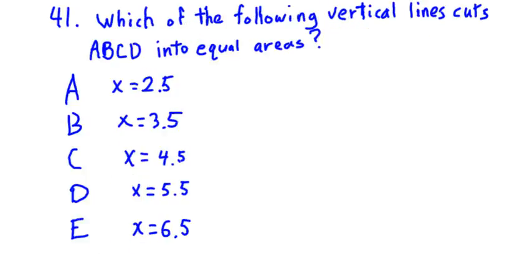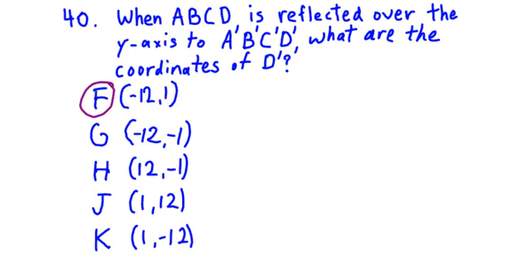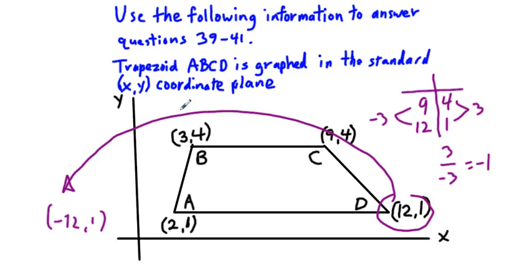Next, 41 is the more challenging one of the bunch. Which of the following vertical lines cuts ABCD into equal areas? Well, we go back here and look at our drawing, and the way I talked about this was to just look at an average.